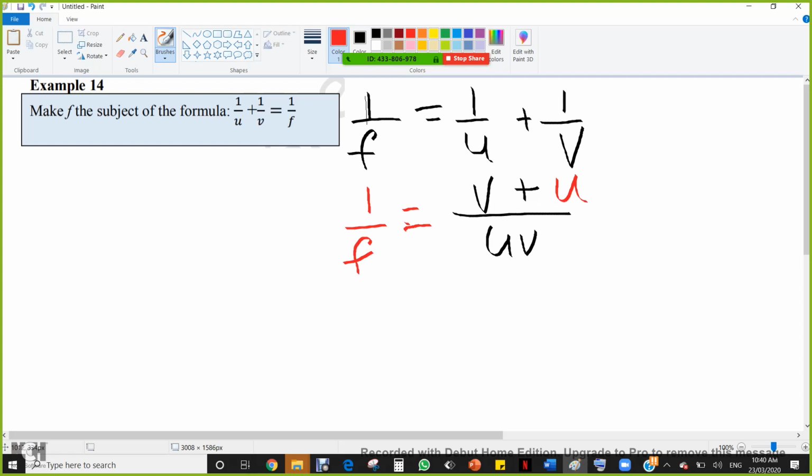No, sir. Okay. So in a case like this, we want to make f the subject of the formula now, right? So anybody can tell me what we have to do? Multiply. What kind of multiplication? Cross multiplication. Correct. So we cross multiply, right? Let me use a different color.